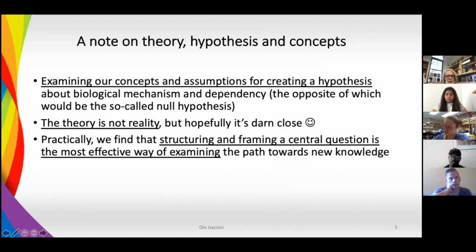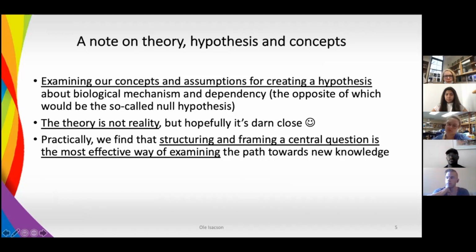Dependency here means something is causally or at least associated in some way, could be indirect or direct. And of course, the most important thing with humility is that theory is not reality, but it's hopefully darn close. And so theory should help. You should know enough, even from your own work, to outline what the reasoning is for your hypothesis.